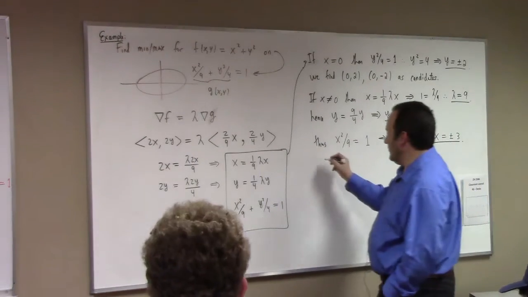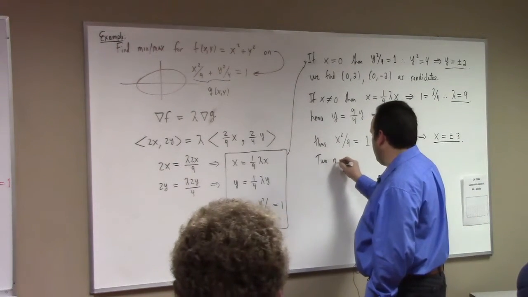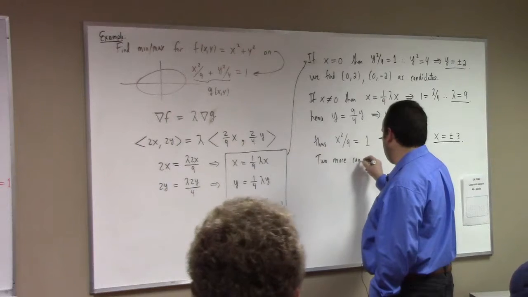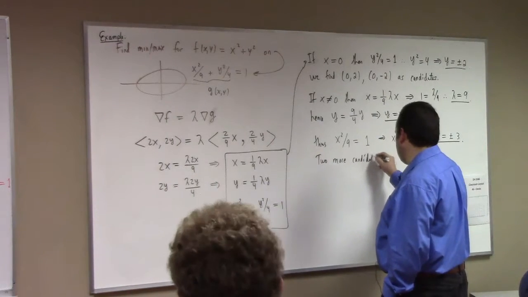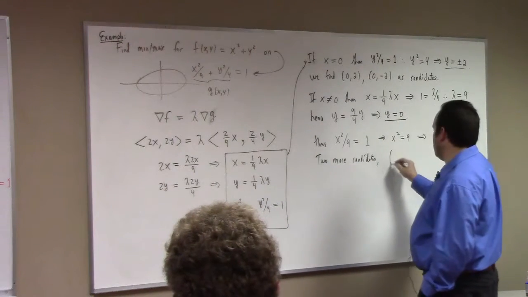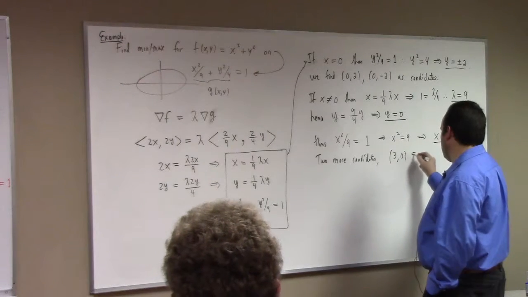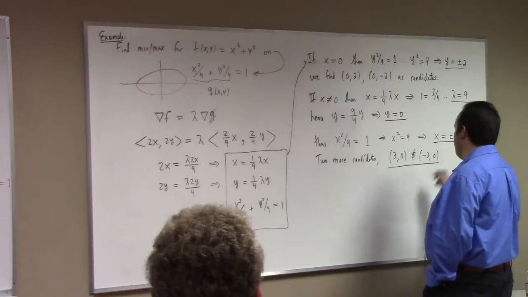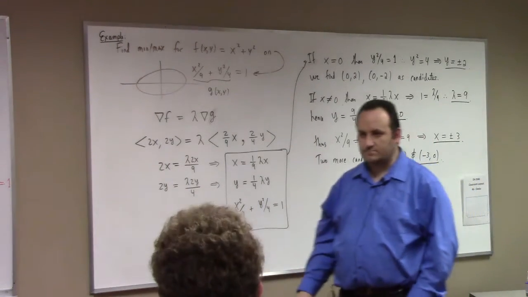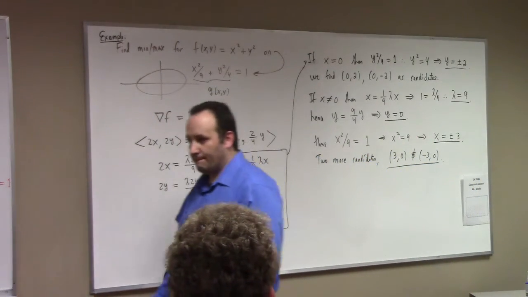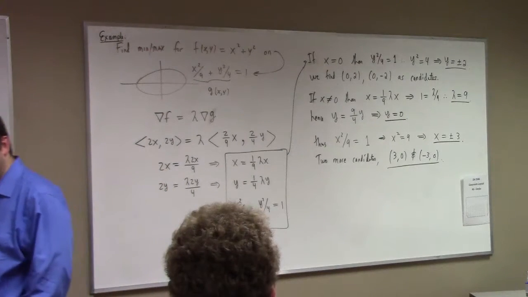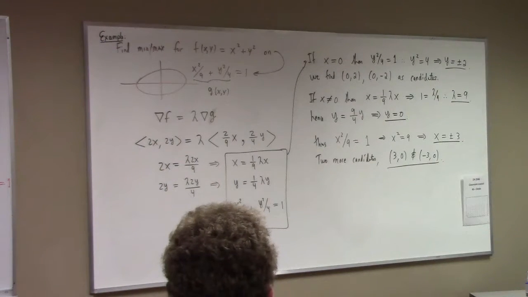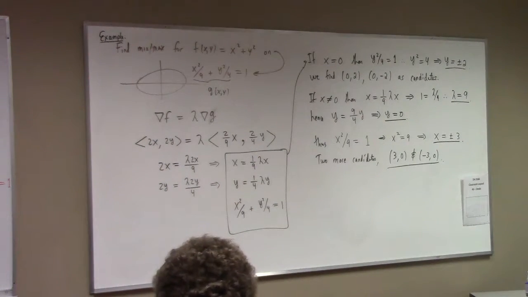So we find 2 more candidates: 3, 0 and minus 3, 0. So these are the 4 solutions to the Lagrange multiplier equations for this problem.